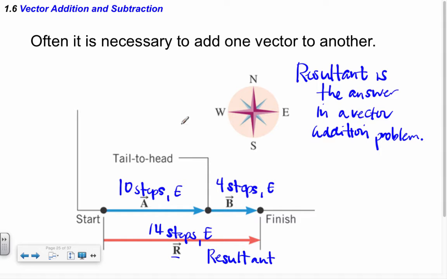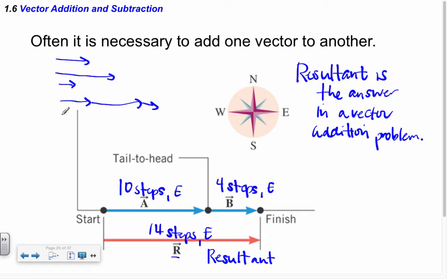And when we add vectors, we use what we call the tail-to-head method, meaning we put the tail of one vector at the head of the last. So if I were going to add 3 of them, if I were going to add this one, and this one, and this one, the way I would add them is I'd draw the first one, and then put the tail of the second at the head of the first, draw the next one, and then the next one.